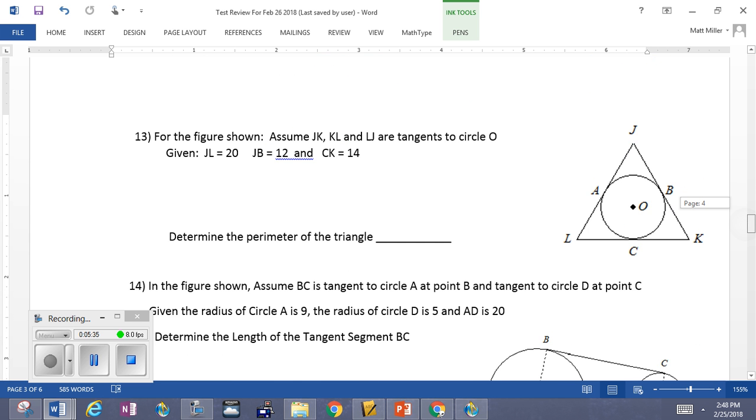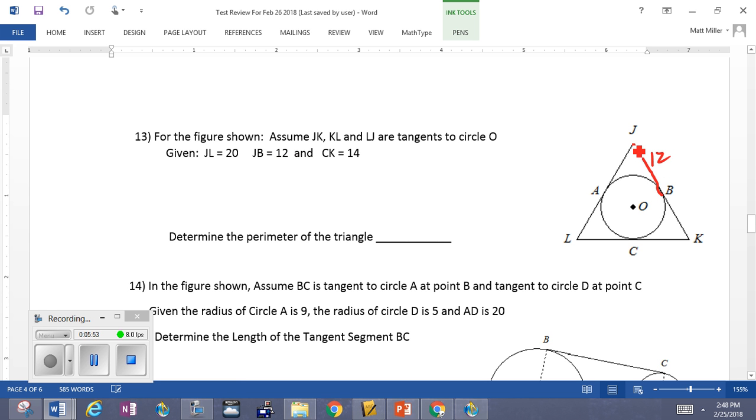Okay, let's see. All right, here we go. These were kind of fun. The idea here is that we're going to start with JB, which is said to be 12.